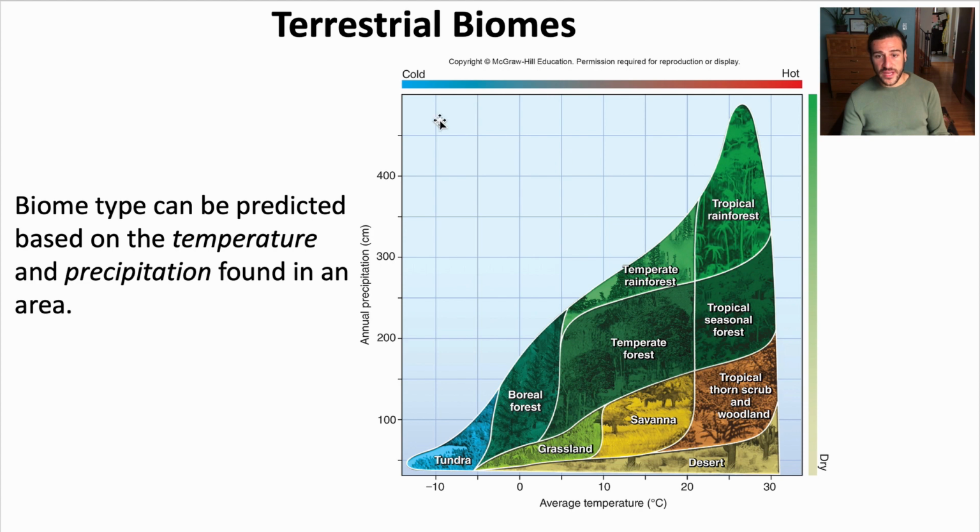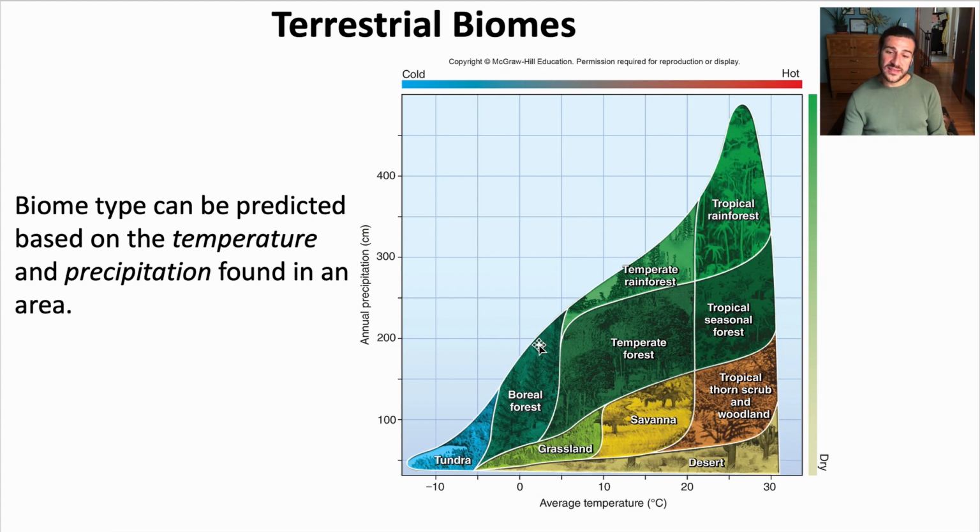Remember this figure, precipitation and temperature. You know these two factors, so you know quite positively what ecosystem, what biome you're going to be looking at. And again, we are looking at boreal forests today, as well as tundra biomes. So take a look at the shape of these and where they're positioned on this figure.